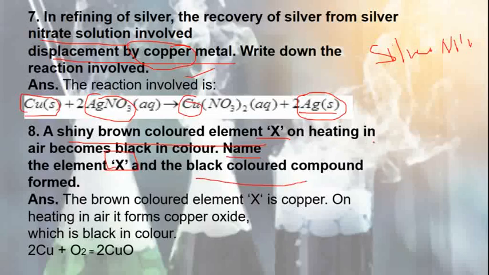The only element that becomes black on heating in air is copper. So we can say that the element X is copper. When it is reacted with O2, it forms CuO. You can observe here 2Cu plus O2 gives 2CuO. So we can say that the black colored compound formed is copper oxide. So let us move to the next question.